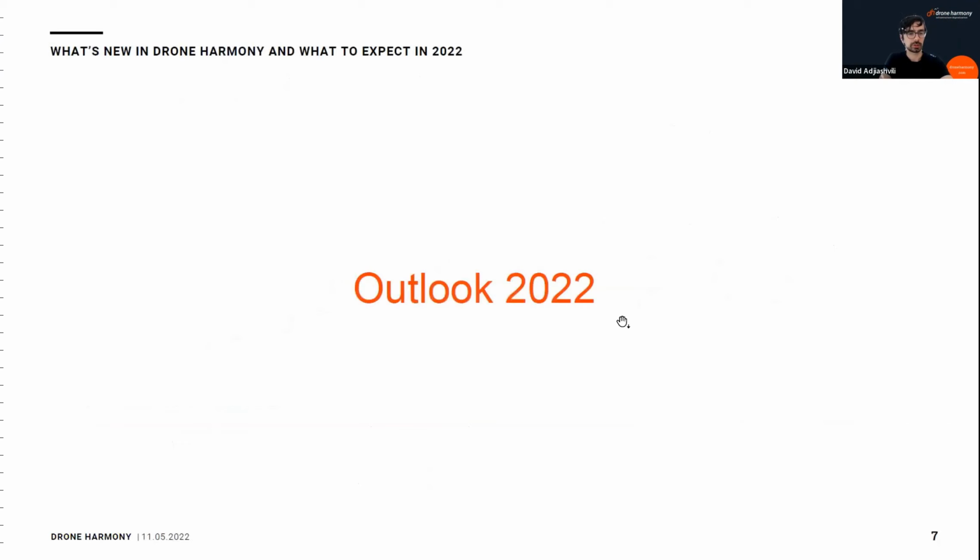So let's talk a little bit about the outlook for 2022. Of course, the Drone Harmony mobile app is currently out in its first iteration. We've been in beta for quite a long while actually by now. One thing I want to say is thank you to the many beta testers that have provided feedback already.